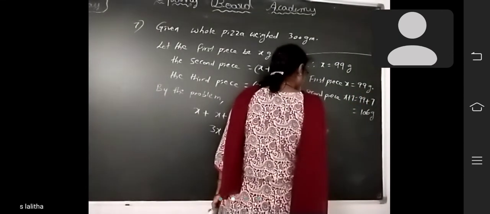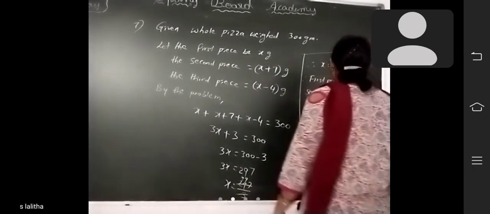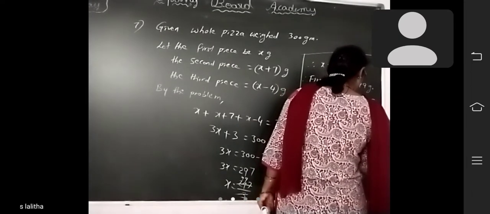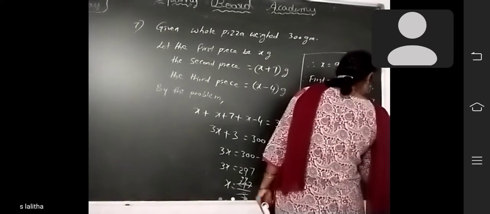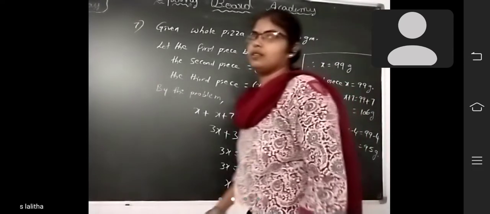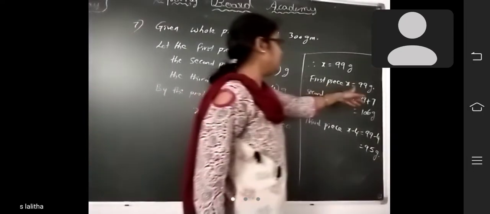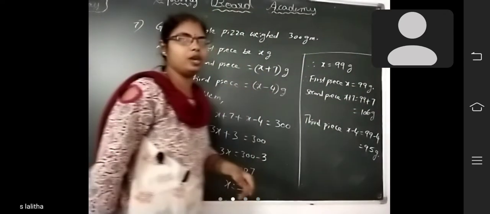Third piece, how much? x minus 4, 99 minus 4, 95 grams. Okay. If you add all of them, 99 plus 106 plus 95, we will get 300 grams. Okay, right.